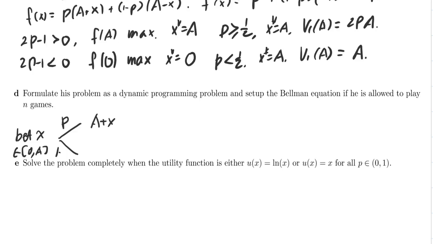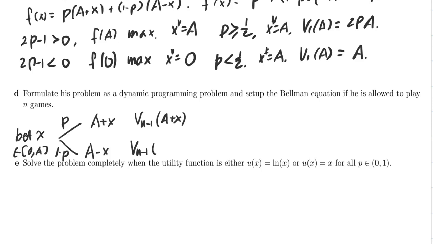If we lose, with probability 1 minus p, we have a minus x. But we still have n minus 1 games to play, and in the future, we assume we do best. So we will have v n minus 1, a plus x. This is the expected optimal utility for n minus 1 games in the future.